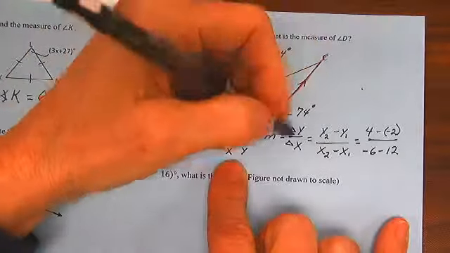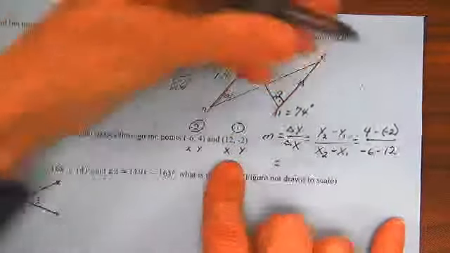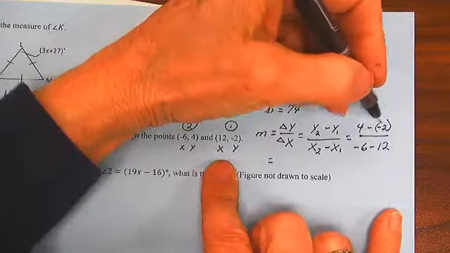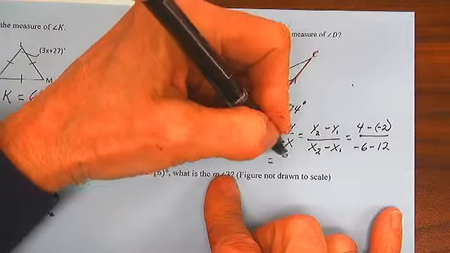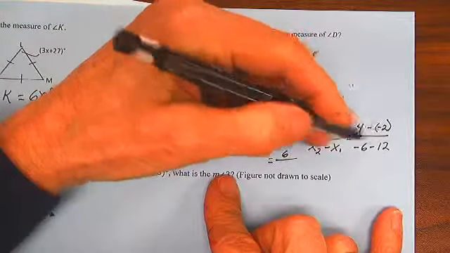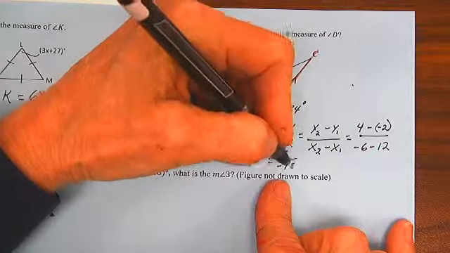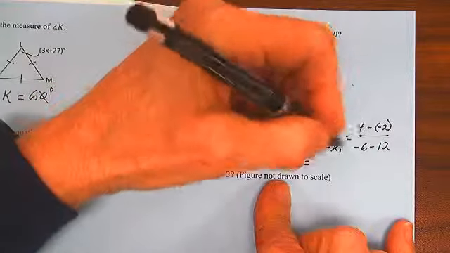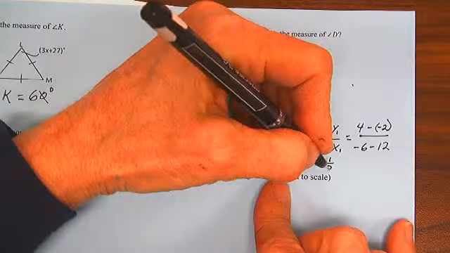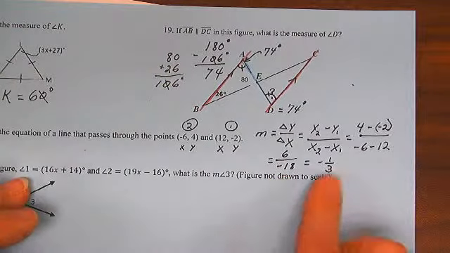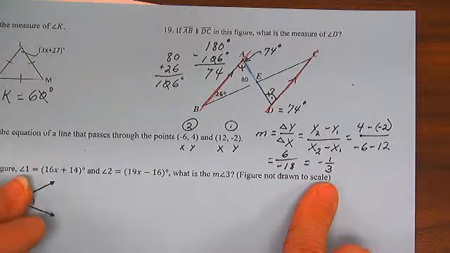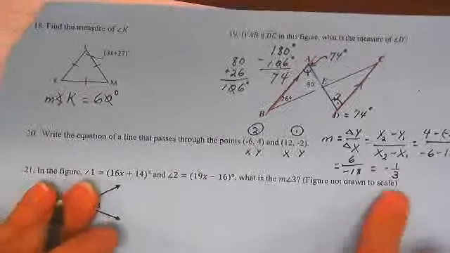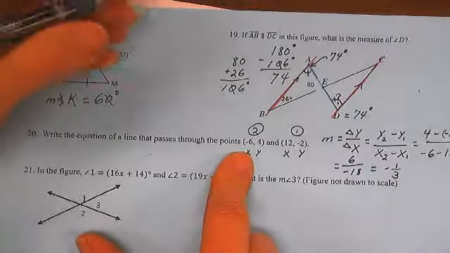Okay, so that gives us -2 minus 4, which is -6, over 18. That's the same as -1/3. So now I have a slope. All I need now is point slope form.